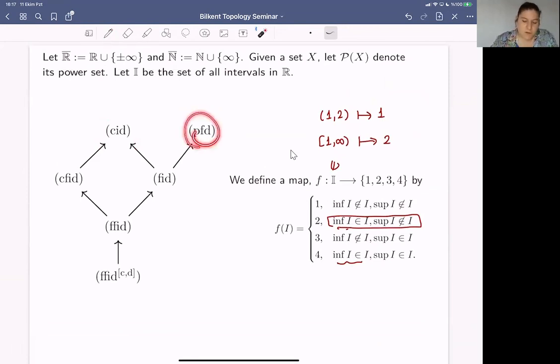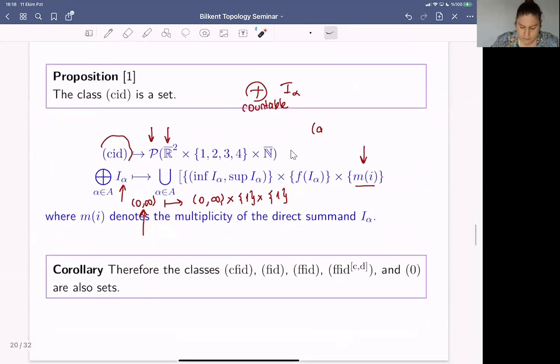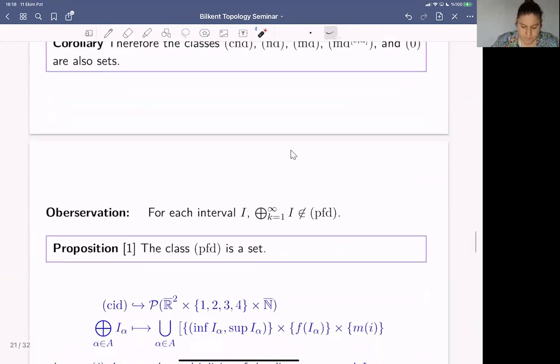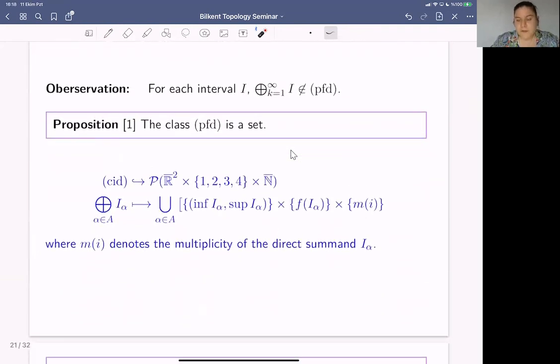Maybe we can also see what happens when we consider pointwise finite dimensional persistence modules. The idea is the same. If a persistence module is pointwise finite dimensional, that means at each spot the vector space is finite dimensional. So you cannot see the interval I infinitely many times; the multiplicity of that interval cannot be infinite.